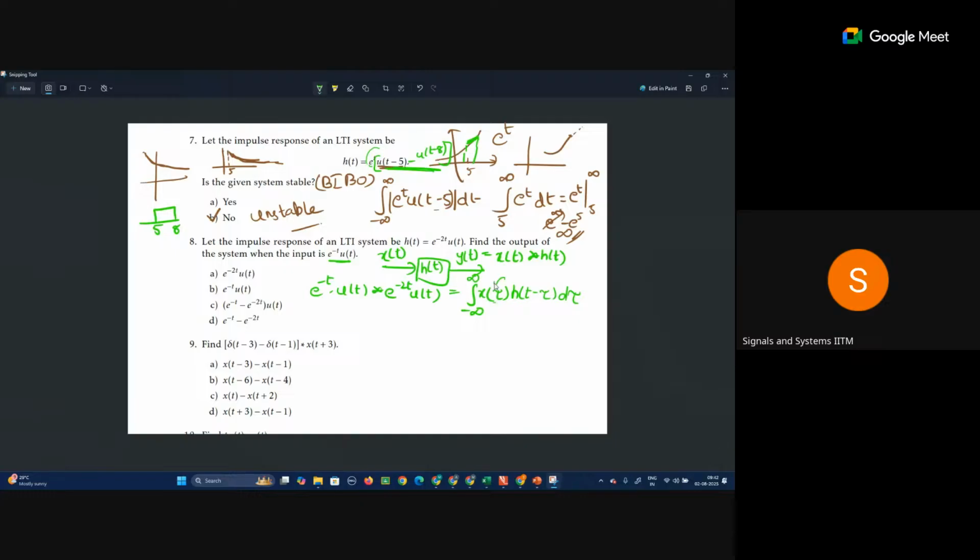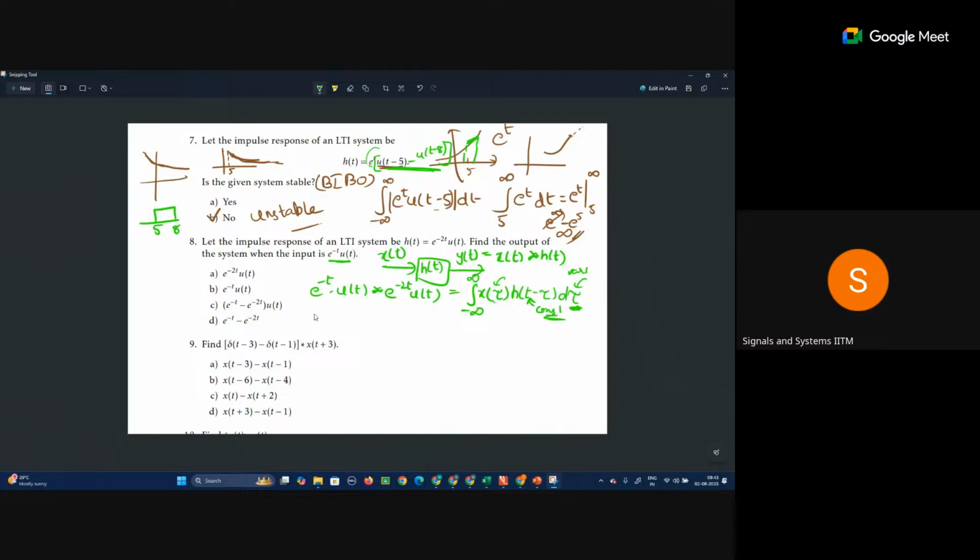So here, one point to remember is that tau is not a constant. Tau is a variable over here, and the small t is constant here. You have to keep this in mind in this integral.